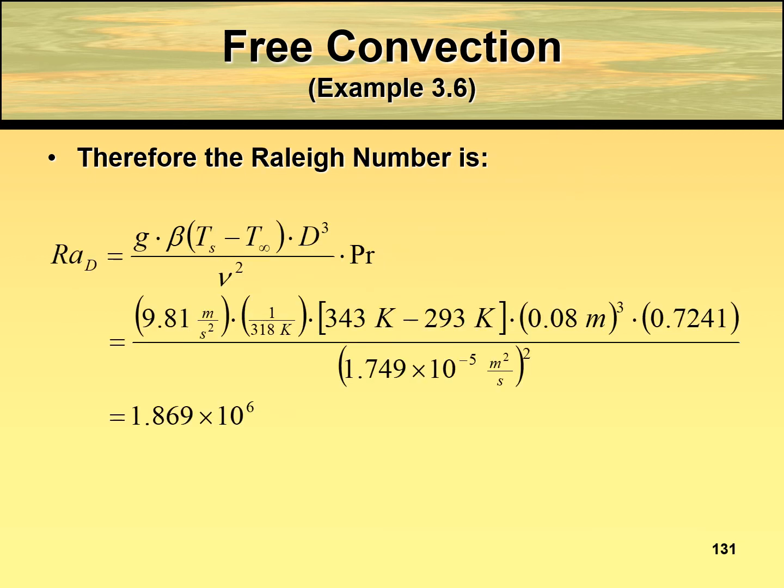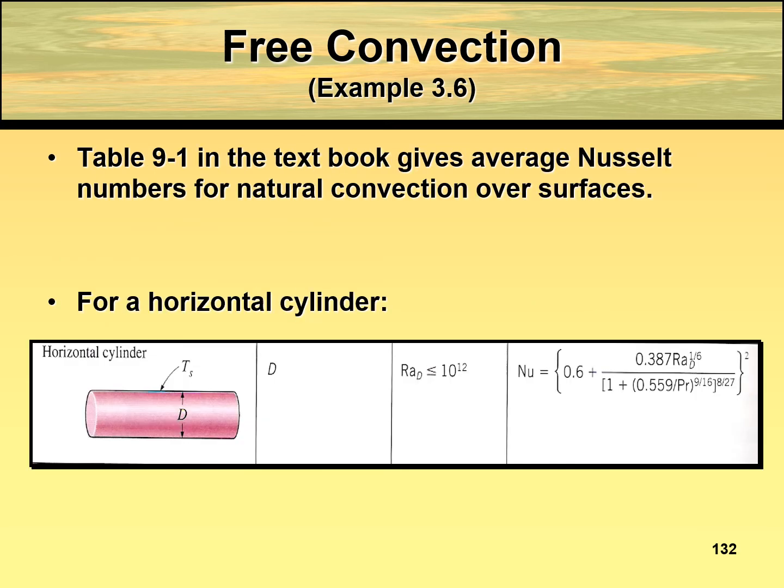Thus the Rayleigh number is the Grashof number times the Prandtl number. The correlation of the Rayleigh number and the Nusselt number is provided in the textbook. You can refer to this one for the horizontal cylinder. This is the correlation with the condition of the Rayleigh number less than 10 to the power of 12.